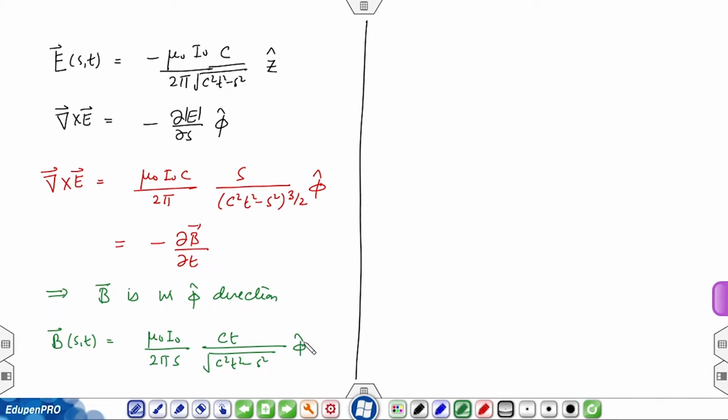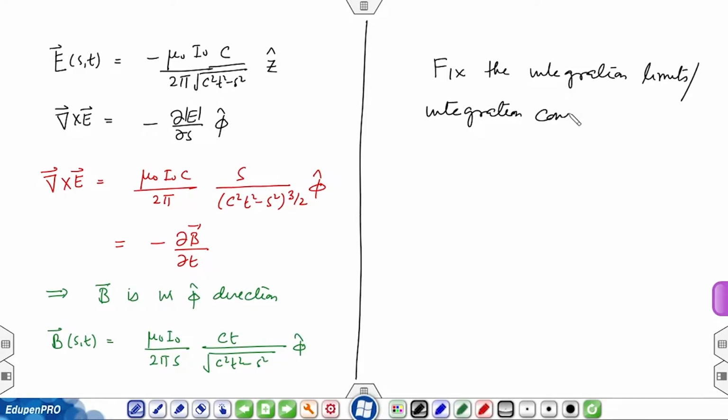Or if you integrate from 0 to time t, you will get in the constant an infinity, which you can ignore and write your answer like this. I will let you work this out yourself. So, I am leaving this for you. Fix the integration limits slash integration constant appropriately.